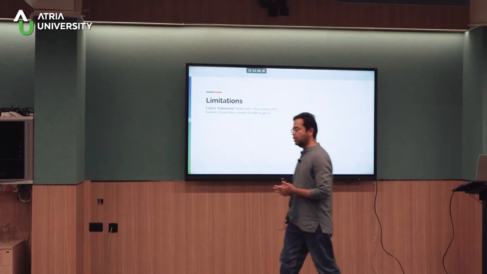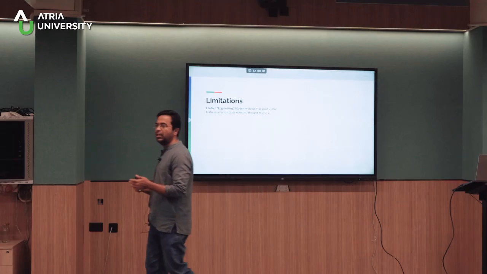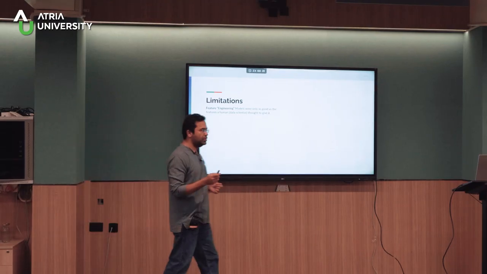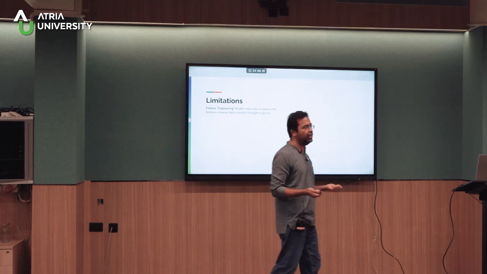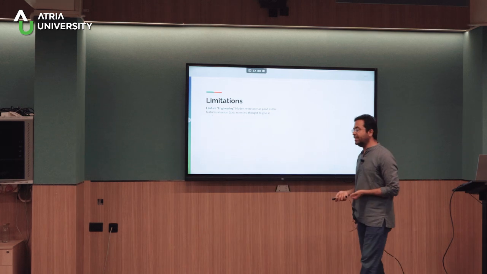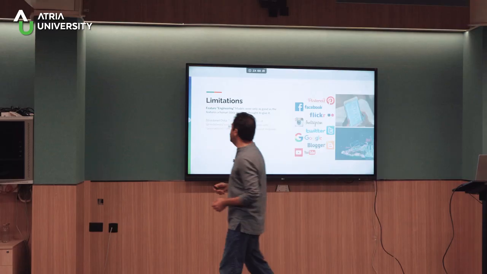So feature engineering was a key dependency on the human data scientist. So that depends on how good the data scientist you hire was. If he or she was good, then your models will perform exceedingly well. If they were not good, they will not perform well.